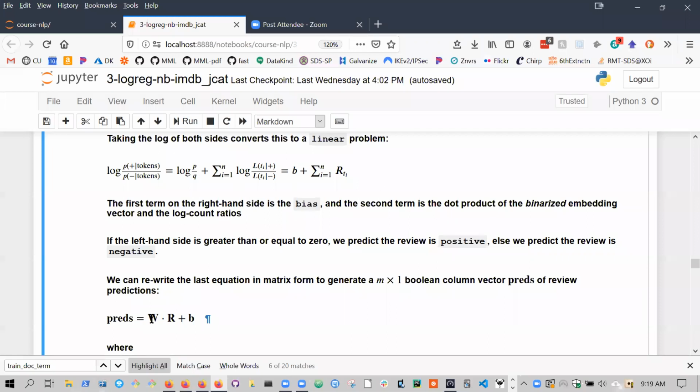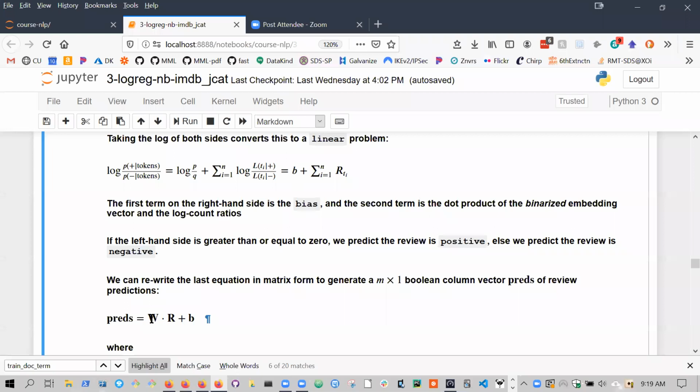So that means take the counts, that line in the doc term matrix, which tells you the number of counts for each word, and convert it to a binarized vector, which means if the counts are bigger than or equal to 1, replace that count with just 1, and if they're 0, just leave it at 0.